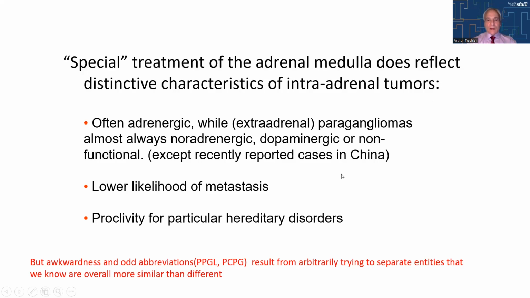They also have a lower likelihood of metastasis, and they also have a proclivity to occur in association with particular hereditary disorders. But quite a bit of awkwardness and quite a number of odd abbreviations result from arbitrarily trying to separate entities that we know are overall more similar than they are different.